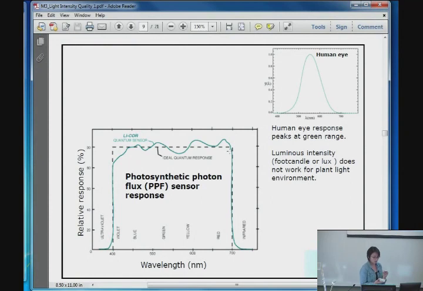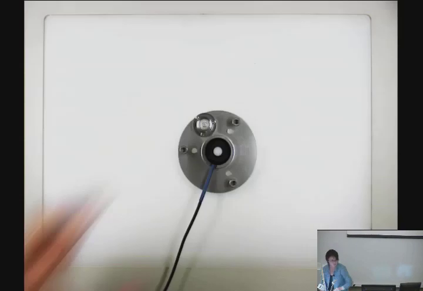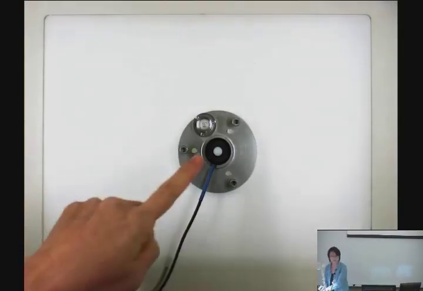And then the one I have in here is the handheld sensor. It's very simple. The actual sensing part is only small. The white part you can see is the sensor. Maybe I can show it to the online students. So this is a sensor, right? So it's not 1 square meter, right?